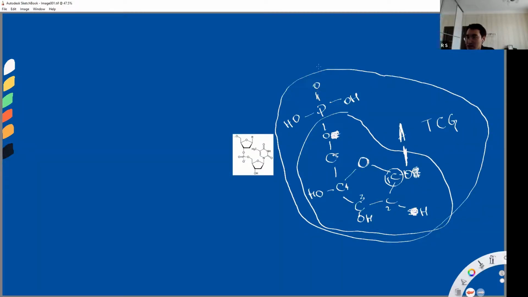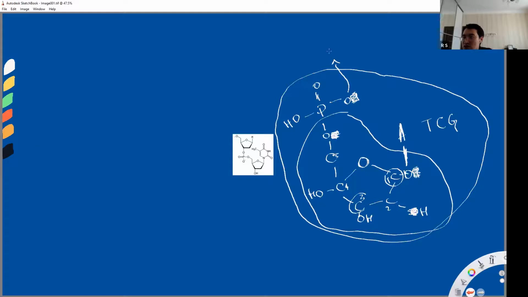And to make a chain of it, we remove one of these hydrogens and connect it to the third carbon of the next deoxyribose.